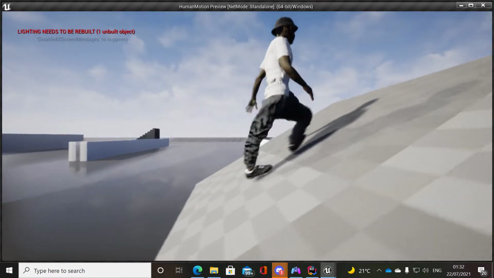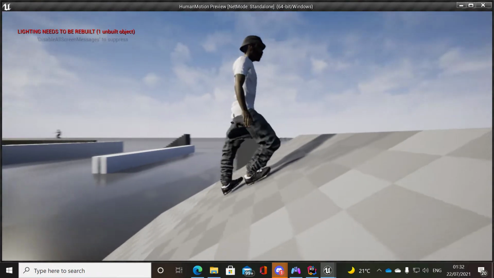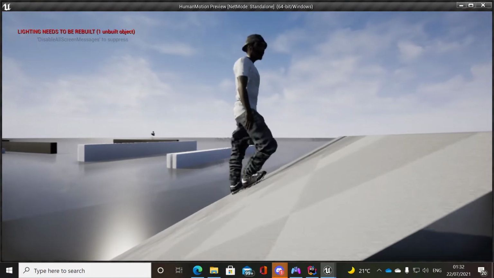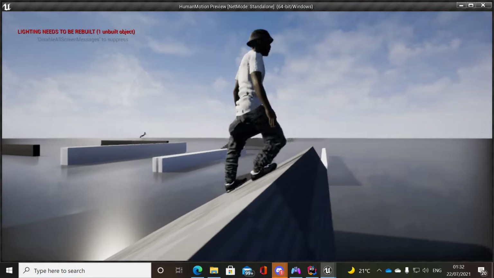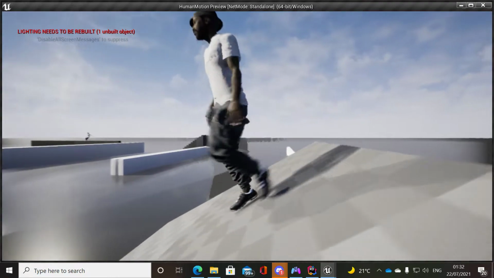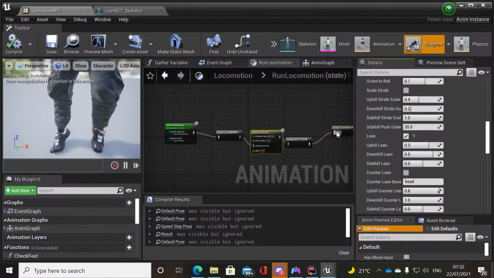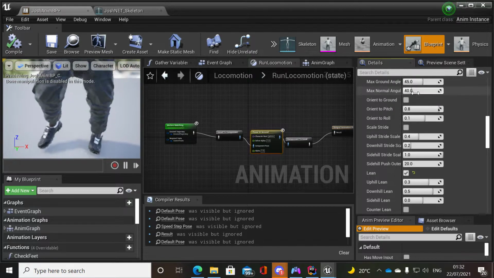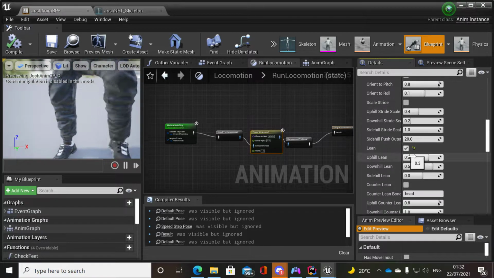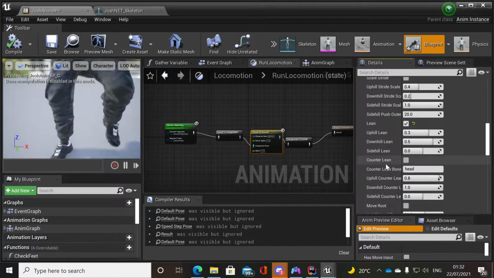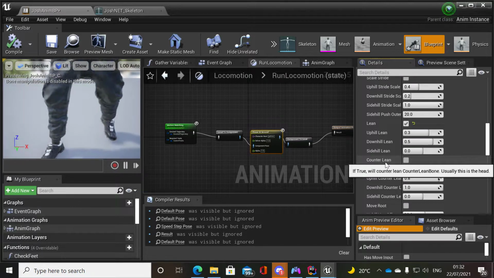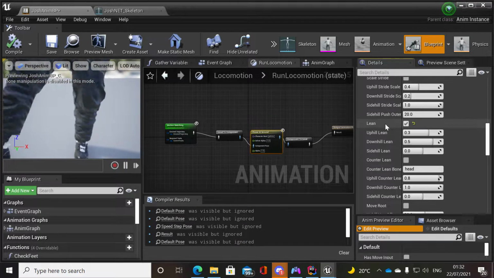It's still, I don't really feel much of a lean at all. What are the settings there? Lean uphill, downhill, side.